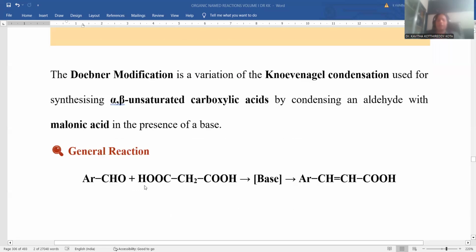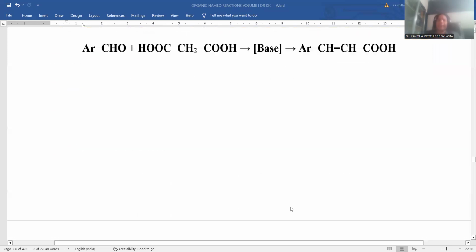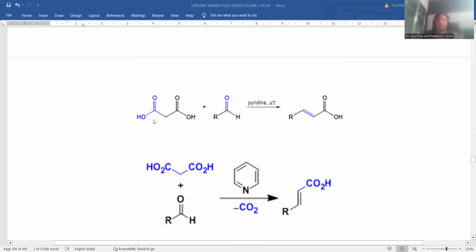Right. So here the general reaction is aldehyde reacting with dicarboxylic acid in this manner. Under basic conditions, there is a provision for alpha beta unsaturated carboxylic acid as the final product. This is called Doebner modification. Here you can notice the dicarboxylic acid taken, malonic acid in specific, and the aldehydic compound.